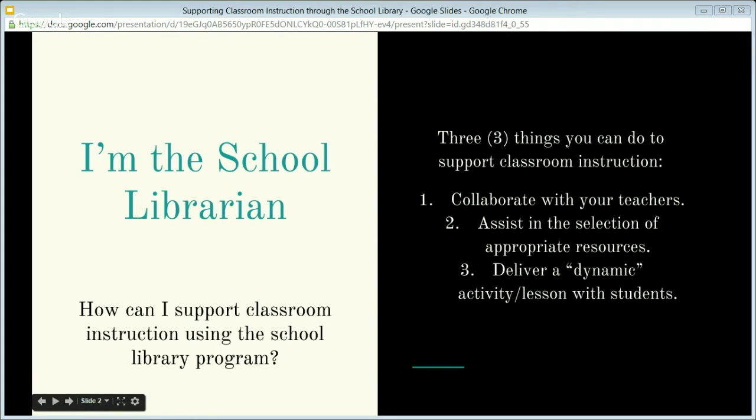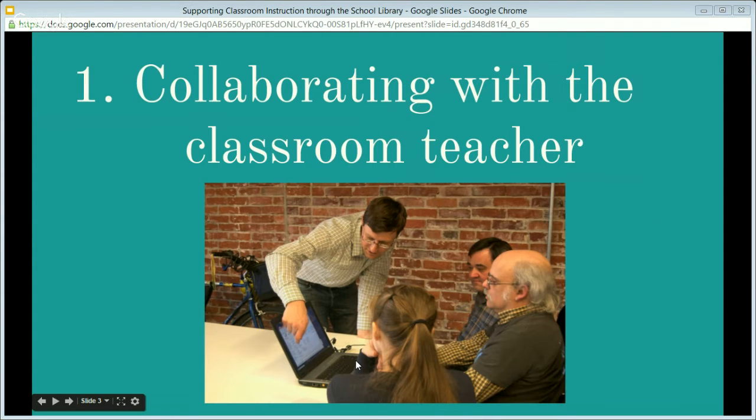I think all of these things are important. And then this helps you not only to support the classroom instruction, but also to be a viable resource on your school campus.